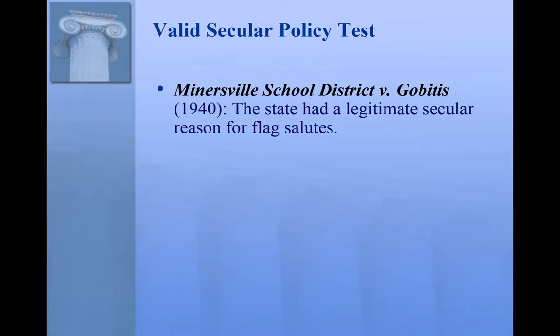Now remember, from Reynolds, it was okay, the court said, for the United States, and I suppose by extrapolation for a state, to ban practices like polygamy, ban actions and practices, but not touch the belief. And here the situation was kind of the same, except that the state was requiring an action. It wasn't requiring the Jehovah's Witness children to believe this, but was requiring them to participate in this action.